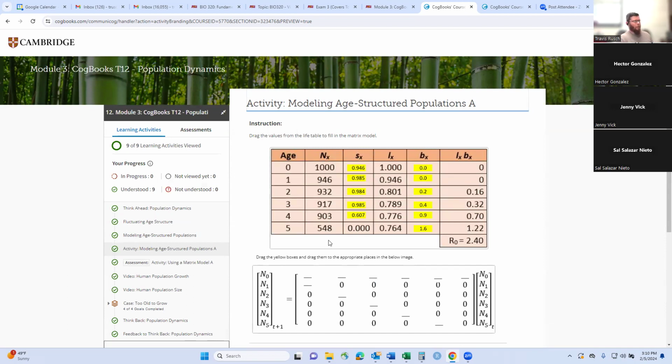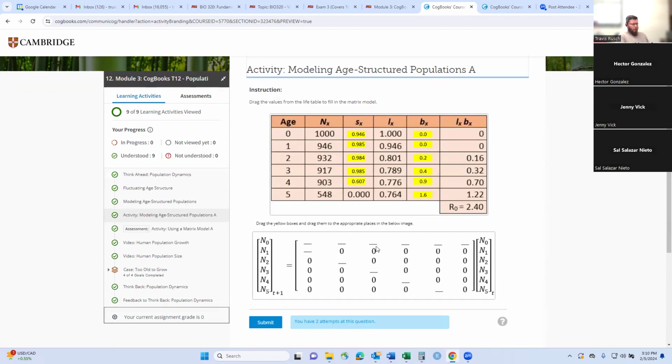There's kind of 2 ways you can go about it. For this first one, again, this is a quick reminder. So what values go across the top? We have 2 columns essentially that we can pick from. Are S of X values or B of X values across the top? B of X. Yeah, right. So we just pull the B of X values.